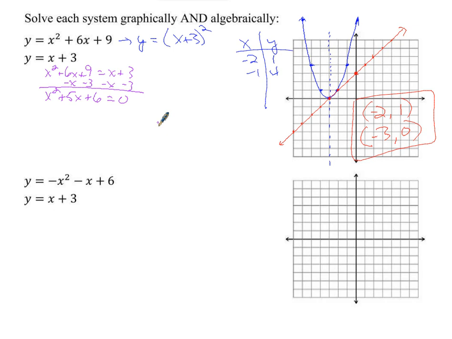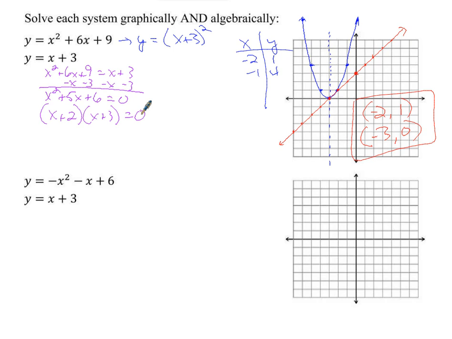I've heard completing the square and quadratic formula. But actually, if you look at it, factoring is super easy. To factor this one, all I need is two numbers that multiply to give me 6 and add to give me 5. Can you think of two numbers that do that? 2 and 3. So this factors into x plus 2 and x plus 3 equals 0.